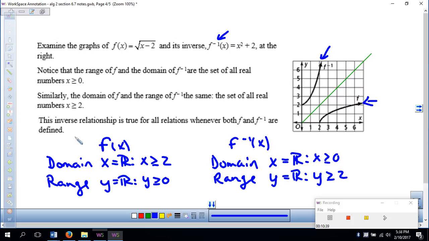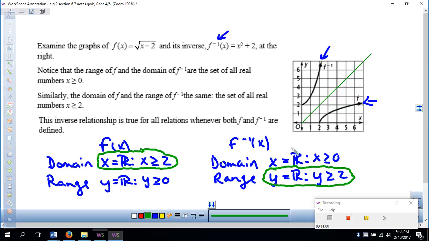So if we look carefully here, we can see the domain values for f of x written in terms of x are the same as the range values of f inverse. Because we remember, to make an inverse, we switch the x and the y.